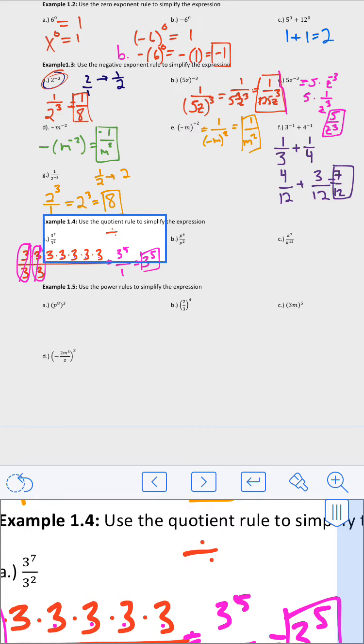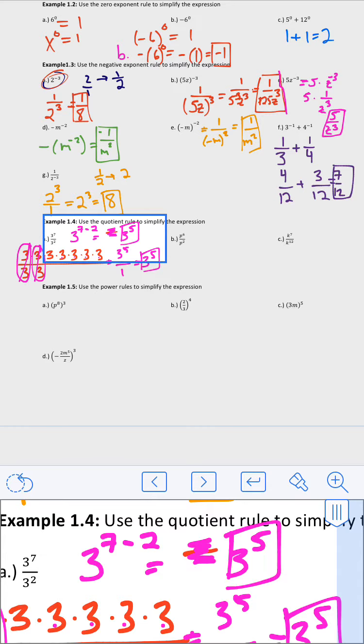Now, again, another way to think about this is subtraction. You can take the 3 to the 7th minus 2, and that would again give you 3 to the 5th. Just like you can take the shortcut with adding the exponents. Now in this case, sometimes you actually do want to think about it as a canceling.